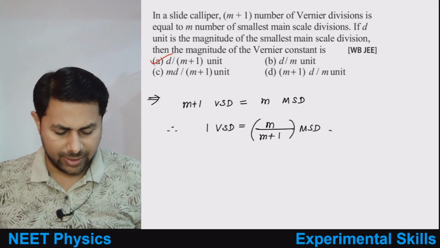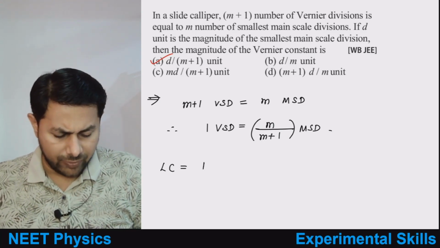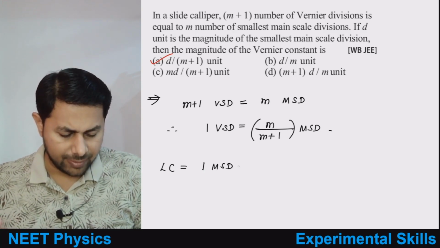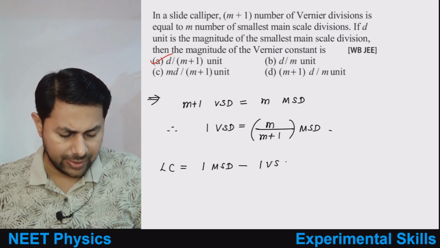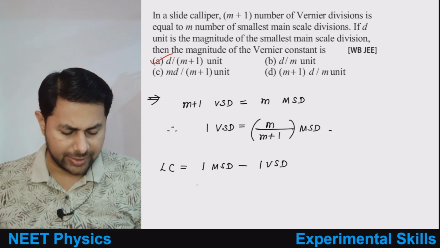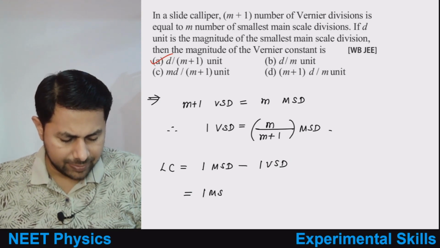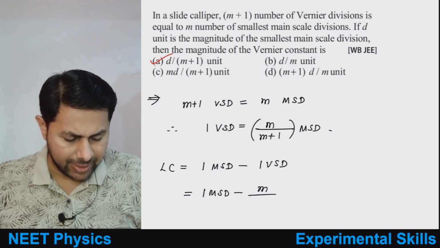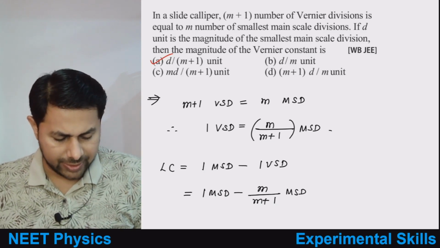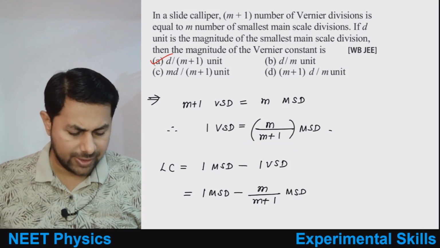Then what's the formula for the least count? The least count is equal to 1 main scale division minus 1 vernier scale division, 1 MSD minus 1 VSD. That's equal to 1 MSD minus m divided by m plus 1 MSD, because 1 VSD we calculated is m divided by m plus 1 MSD.